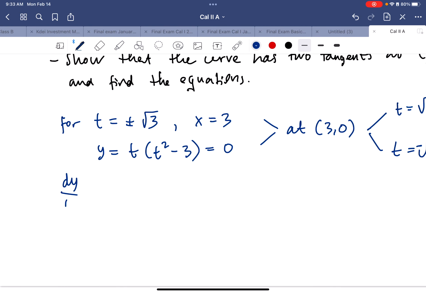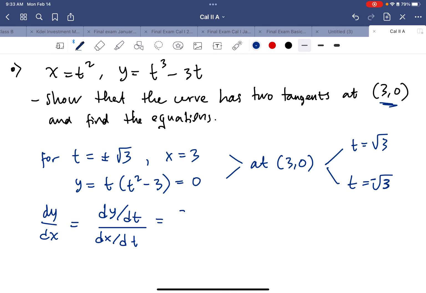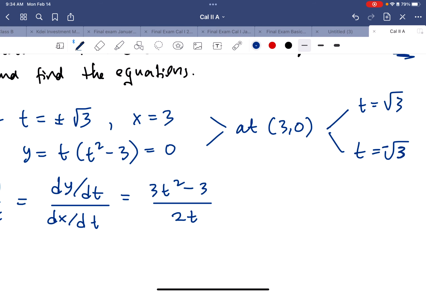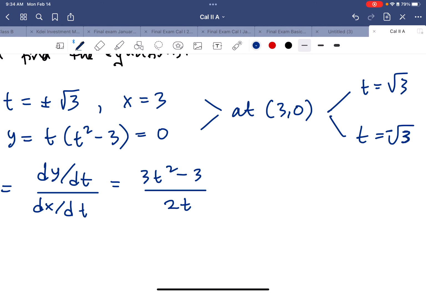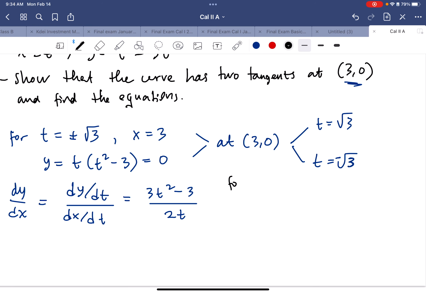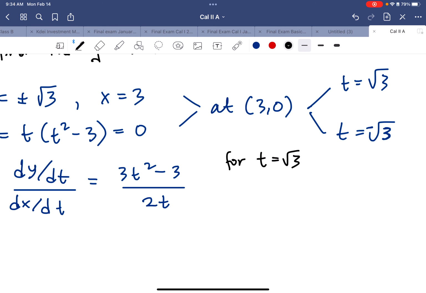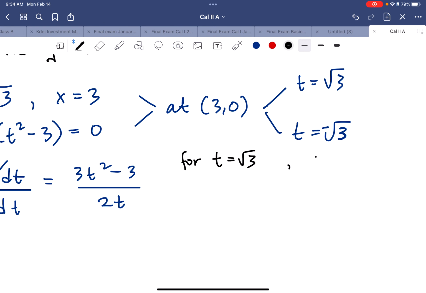So dy over dx is dy over dt divided by dx over dt. So it will be 3t squared minus 3, divided by 2t. And we can set up for two different values: for t equal to positive square root of 3, and for t equal to negative square root of 3.